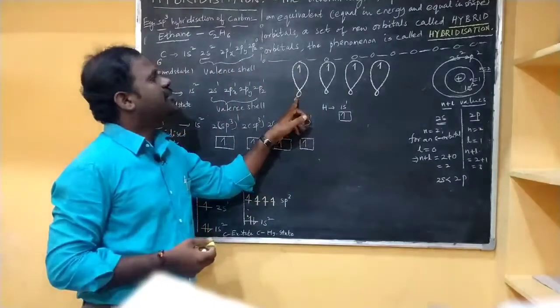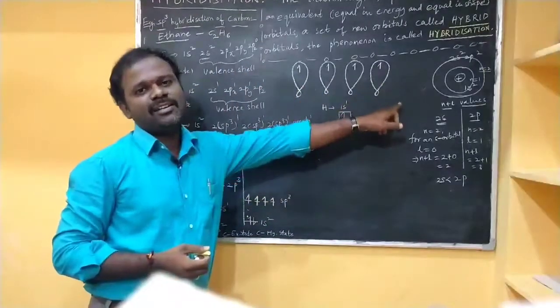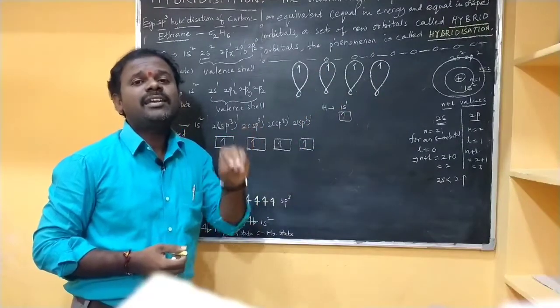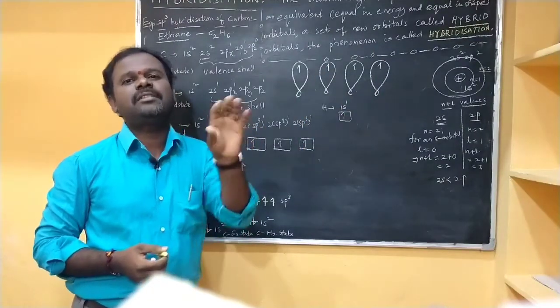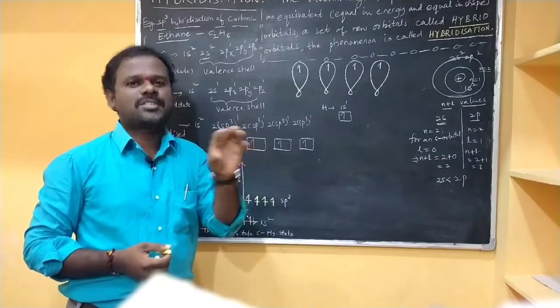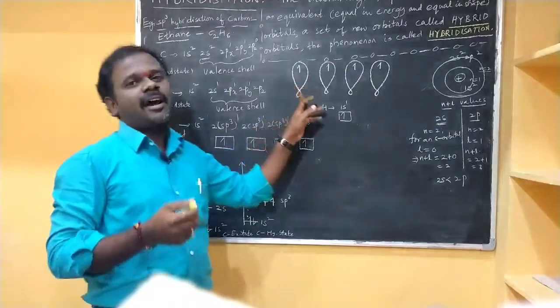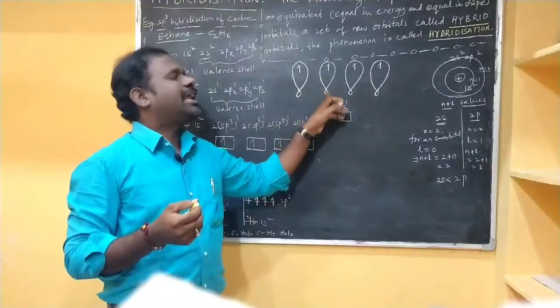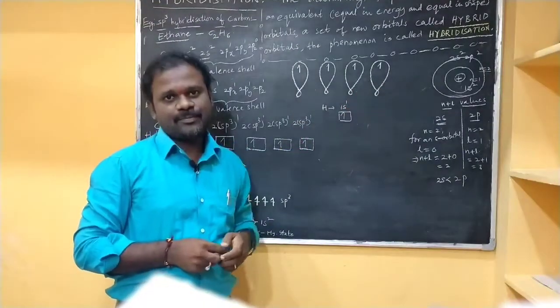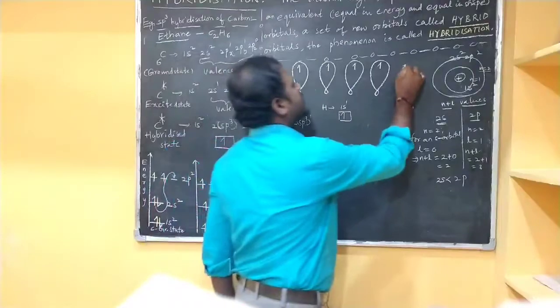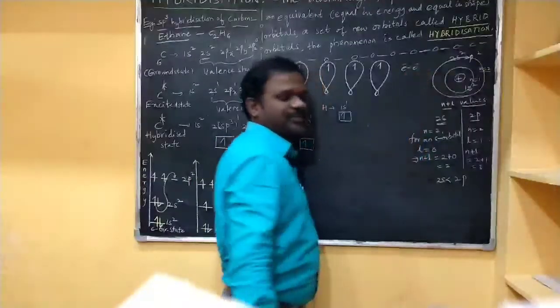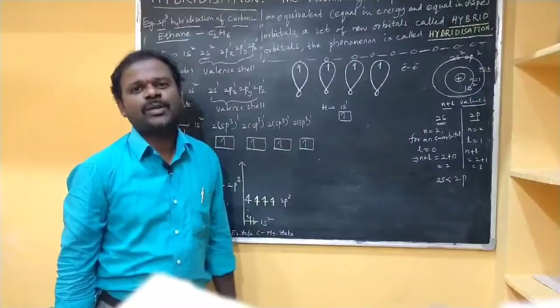Here they are all similar in energy, but their orientation in space is different with respect to each other, because electron-electron repulsions arise, as similar charges repel each other.